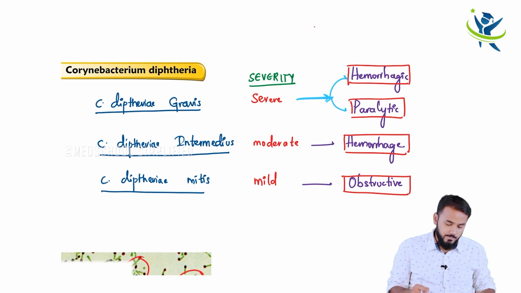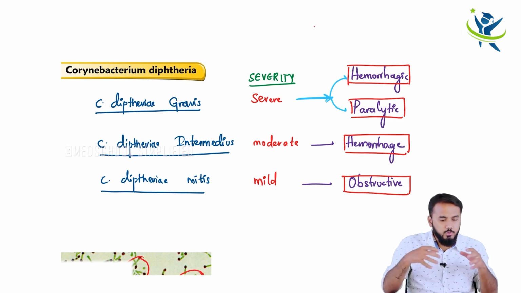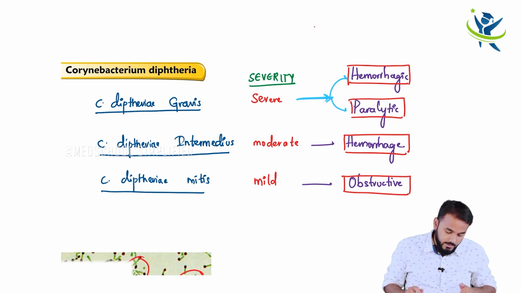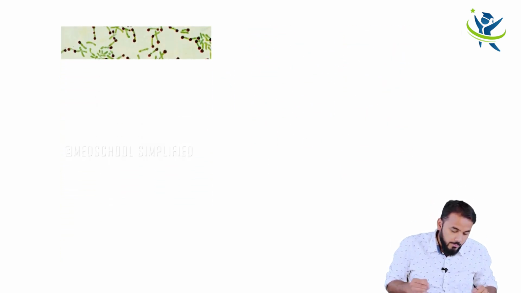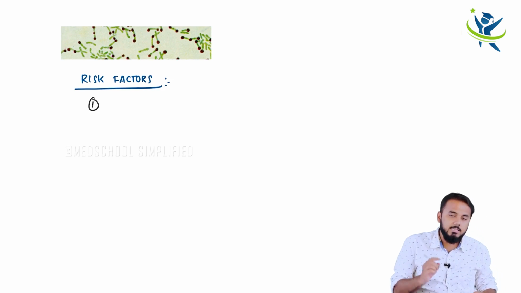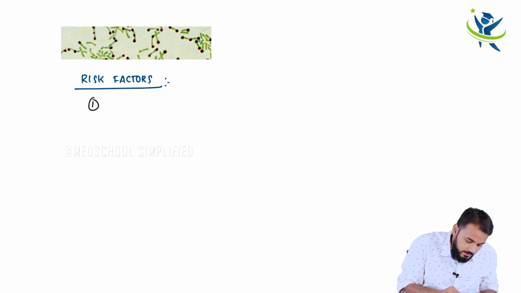Now if you ask me, what are the risk factors? Which group of people are most commonly affected with this Corynebacterium diphtheriae? If you want me to mention the risk factors, the first group is those people who are immunocompromised.